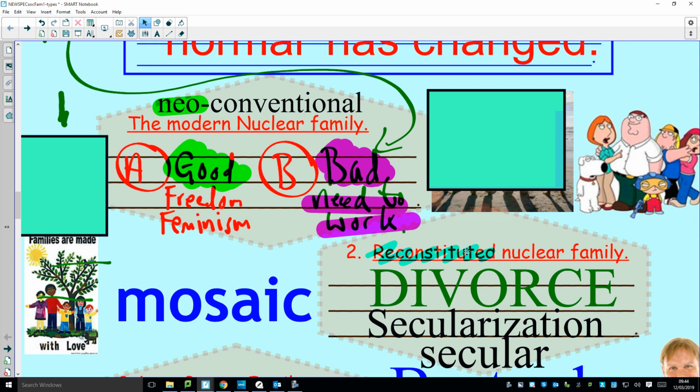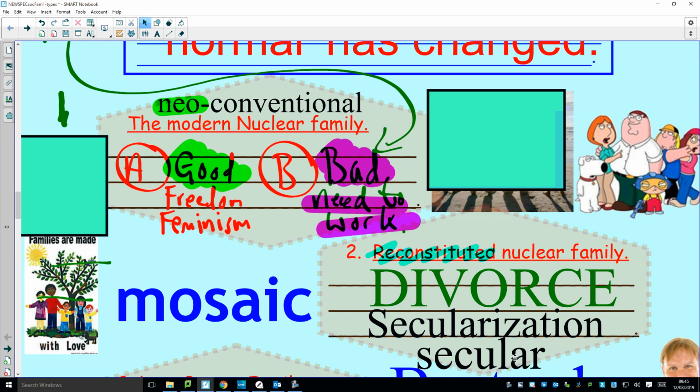We have reconstituted nuclear families. Yeah. The family breaks up. Usually dad moves out, divorce, whatever it is. And then, at a point in the future, a new adult moves in. The family is then rebuilt. Dad, mum, stepdad. That's the reconstituted, put back together nuclear family.